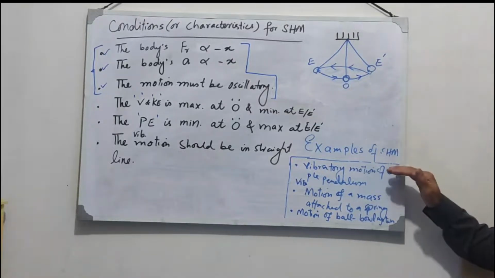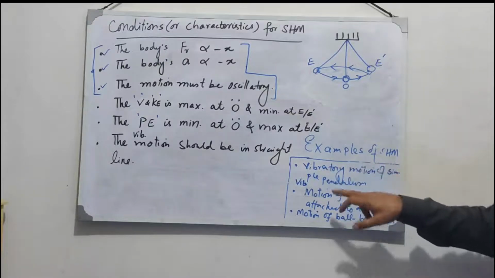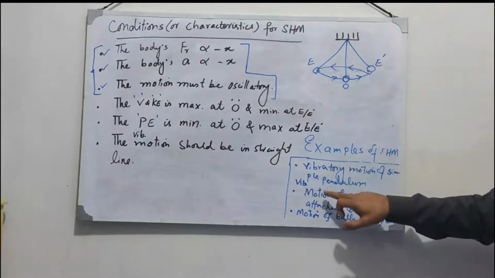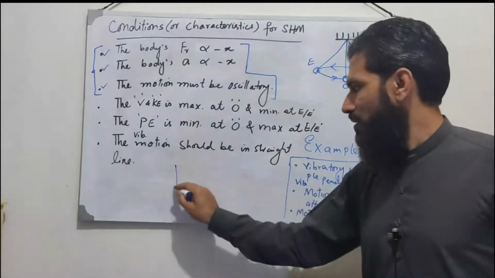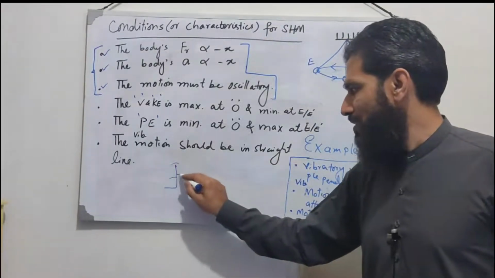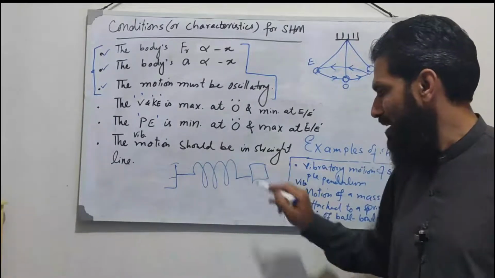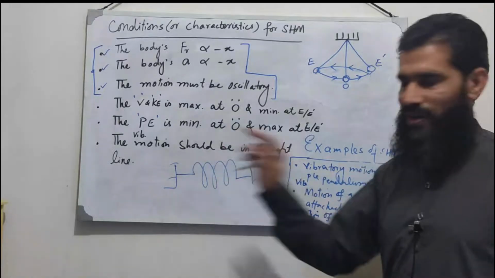These are the simple examples of a body having simple harmonic motion. That is the vibratory motion of a simple pendulum, then the motion of a spring mass system, which we will discuss in the second part. A spring attached to a mass, when the mass is pulled and released, will also have simple harmonic motion.